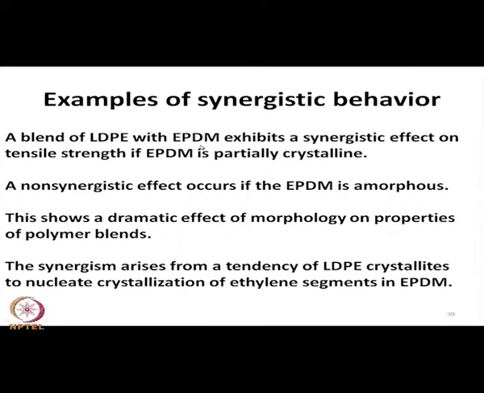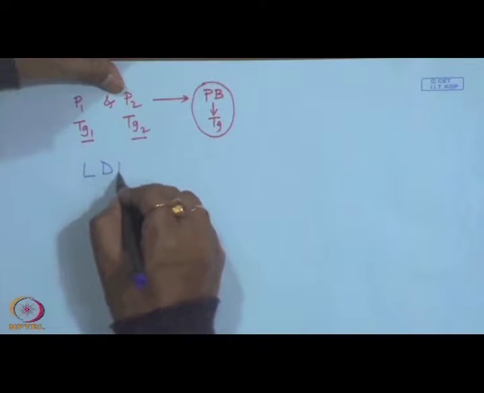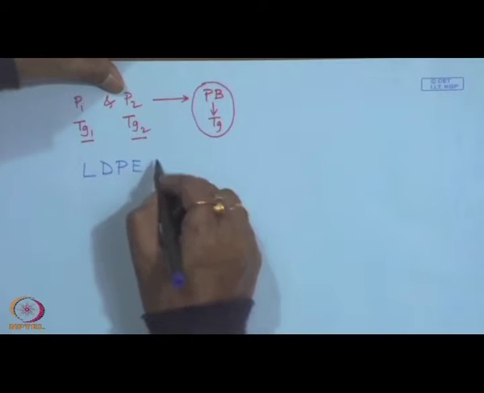Now, as a typical example of synergistic behavior in polymer blends, we can discuss the blend of LDPE, low density polyethylene, with EPDM.